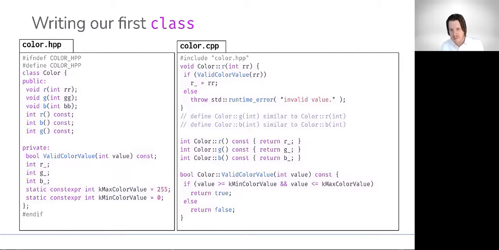Notice how we're specifying this. We're saying that color's r, a function that takes an integer argument, will be defined as follows. Had we written void r int rr, notice that that is not providing a definition for color's r, but simply providing a definition for some function named r.